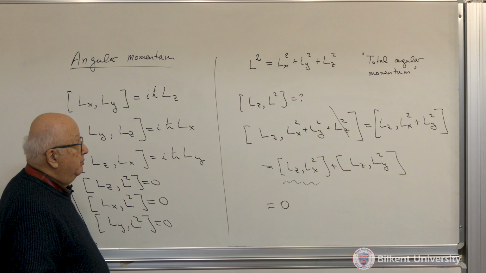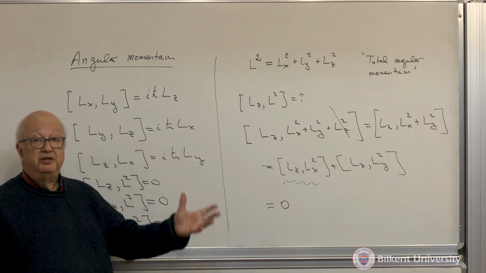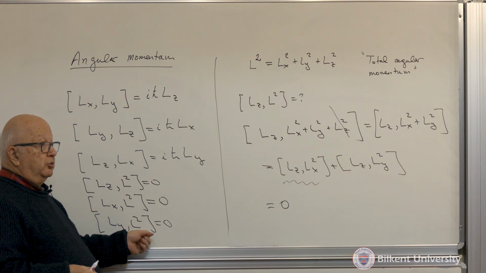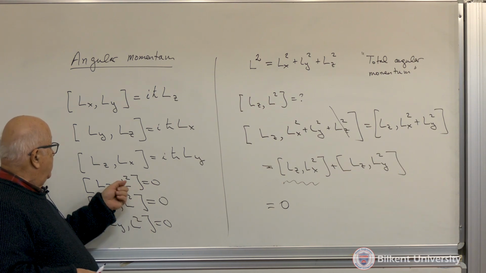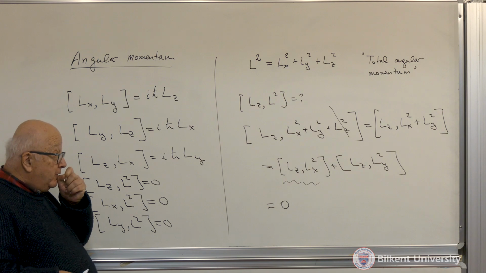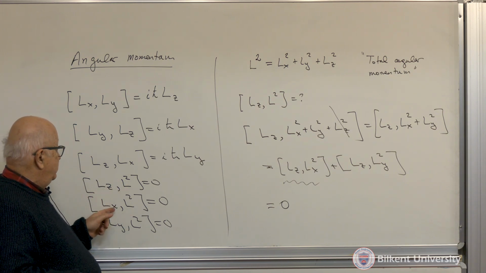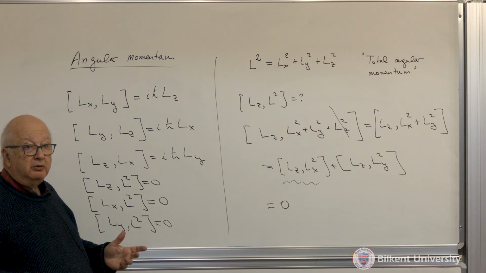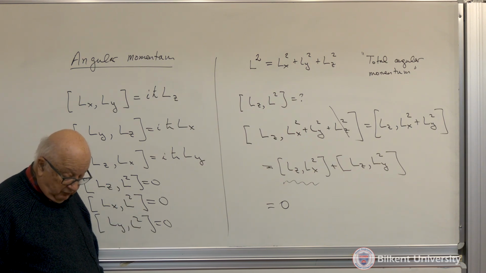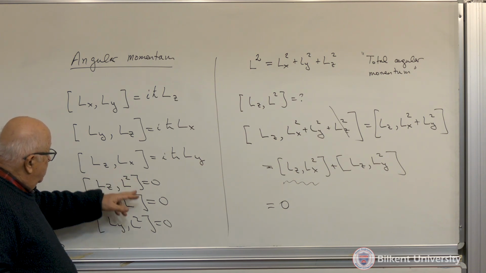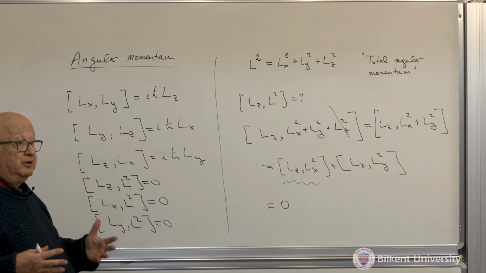Because L squared is just the spherically symmetric total angular momentum operator. So the commutator of it, if it is 0 for Lz, it must be 0 for Lx and Ly. You can check these things for practice, but obviously we are going to get the same thing. In fact, L squared is, again, spherically symmetric.